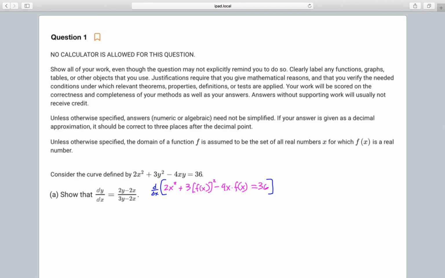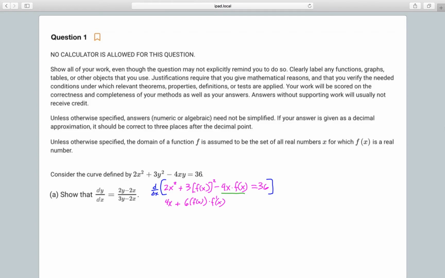So let's see what we end up with. Derivative of 2x squared would then just be 4x plus, now here I would have to use the chain rule. So I'm going to bring down the derivative of the outside. That's going to be 6 times f of x times f prime of x. So derivative of the inside. And then for this one, I'm going to have to use product rule.